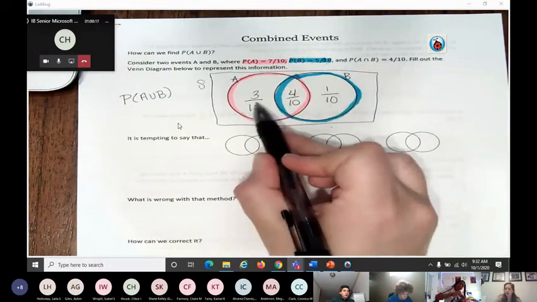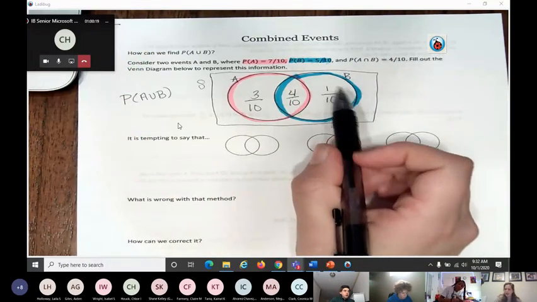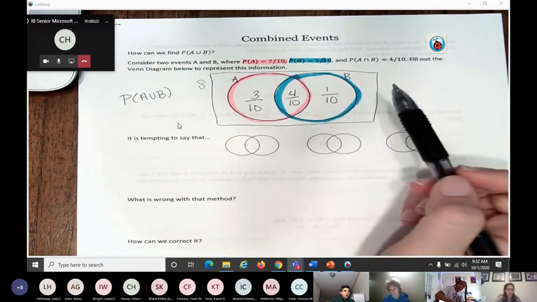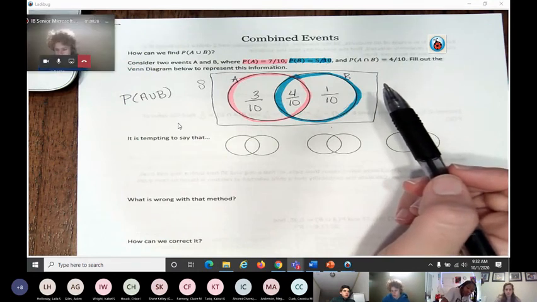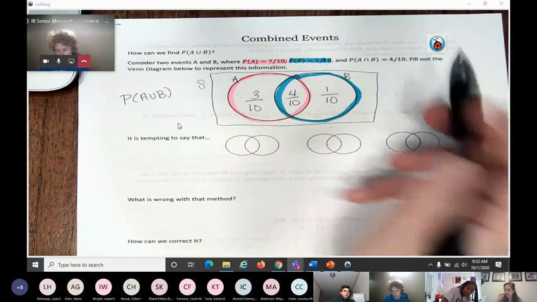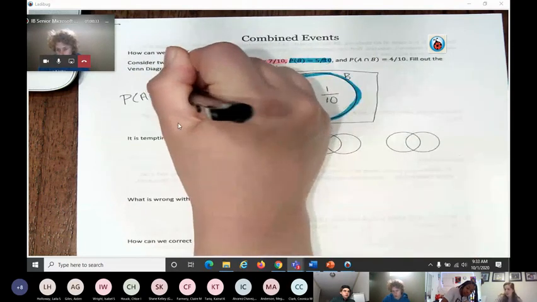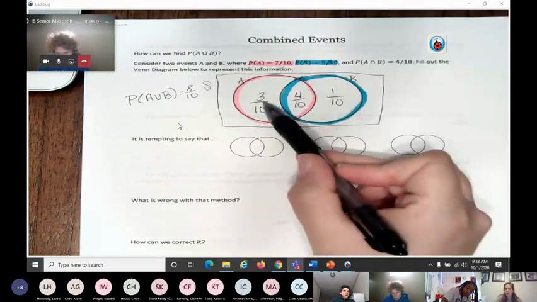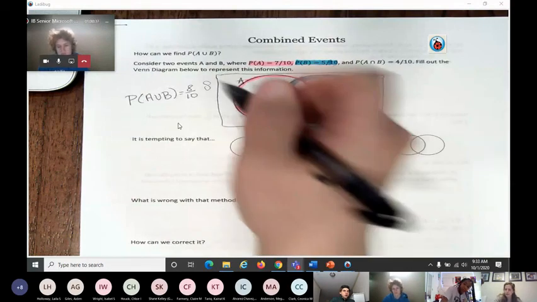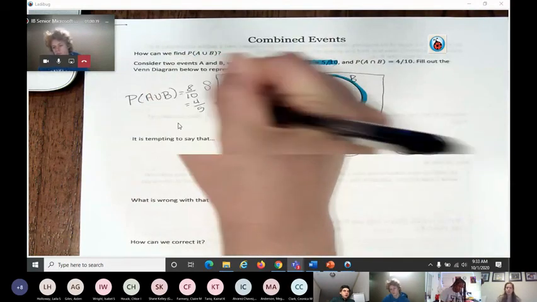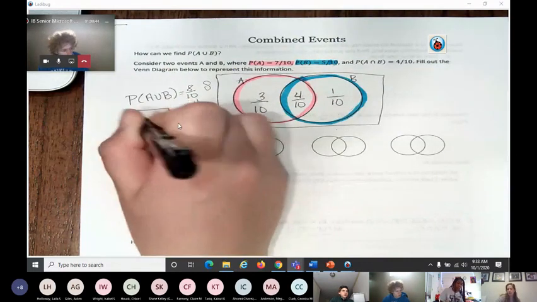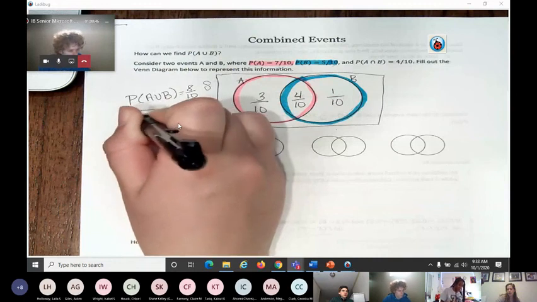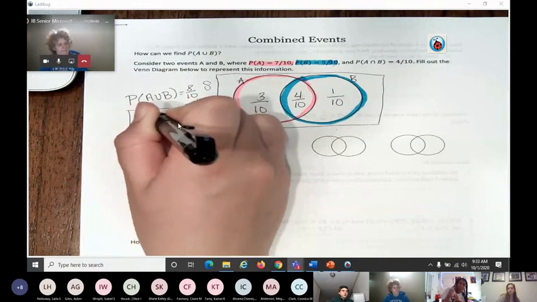So what's the probability of all these happening, of anything in these circles happening? Four-fifths. Yes, or 8/10. Just because we're adding the numerators, this does reduce to 4/5. Thank you. Okay, and if we looked at a Venn diagram and shaded it in, it would look like all of this stuff being shaded.